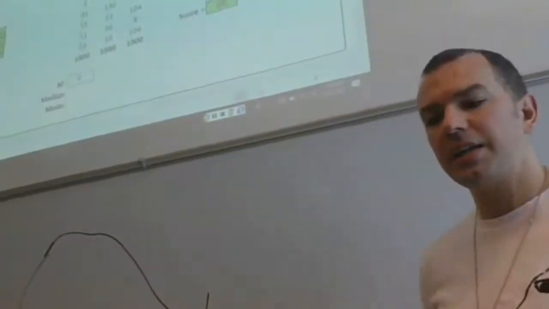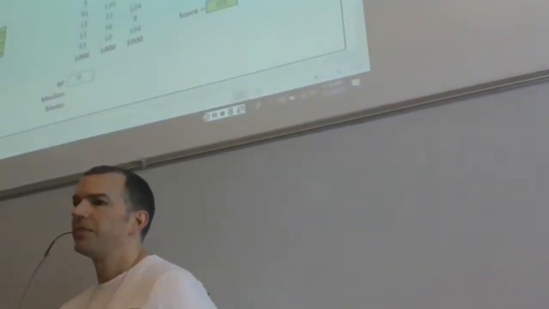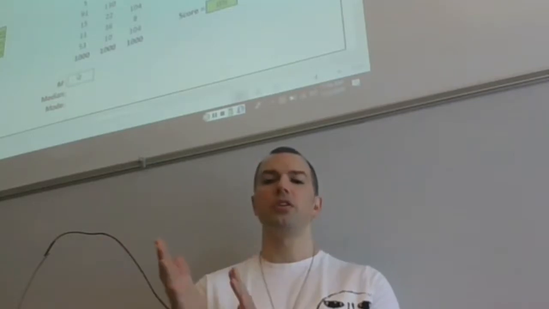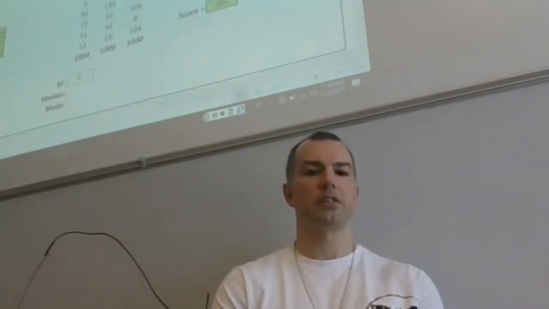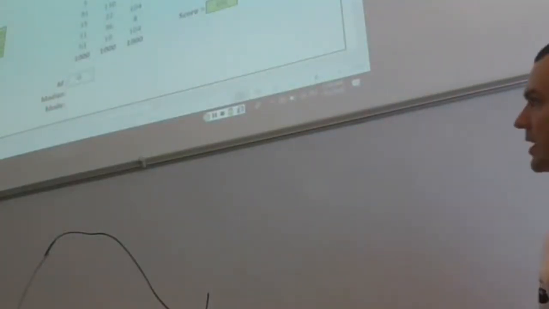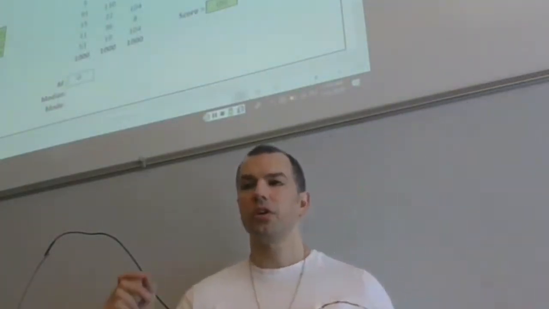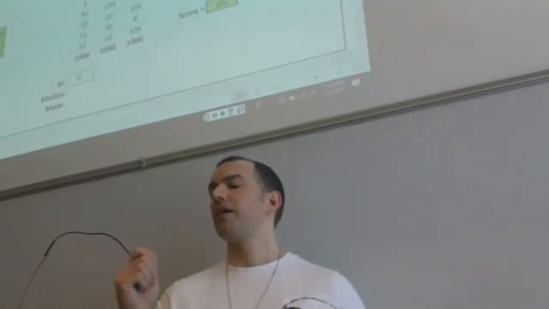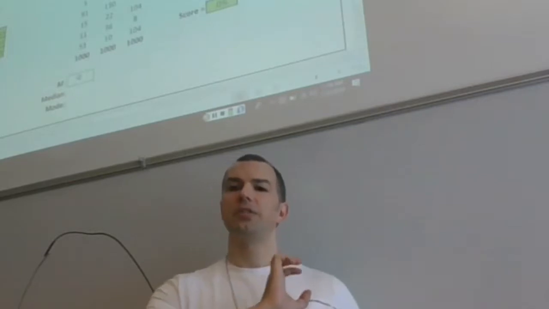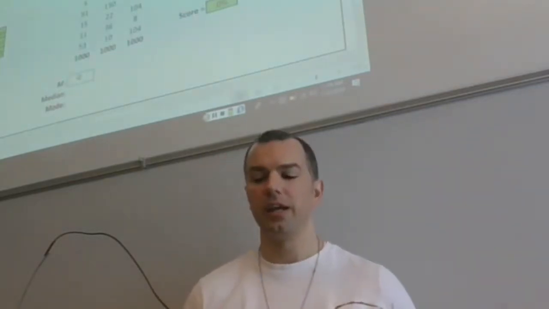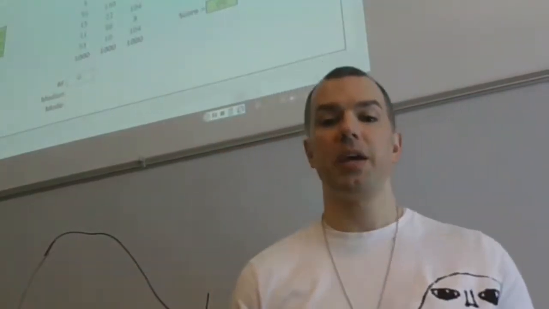So what we're going to do right now is calculate that out, but I'm also going to introduce the idea of copying and pasting so that we can start to do this a little bit faster. One of the great things about Excel is that if you know you're going to be doing the same thing over and over again, there are shortcuts that let you set it up once and then do it very quickly by copying and pasting it.